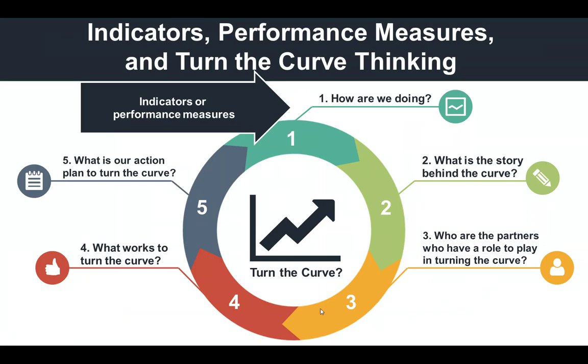Once we have population indicators and performance measures, we then use them in the turn-the-curve thinking process, which creates a comprehensive framework from well-being of whole populations to the performance of individual units in an organization.